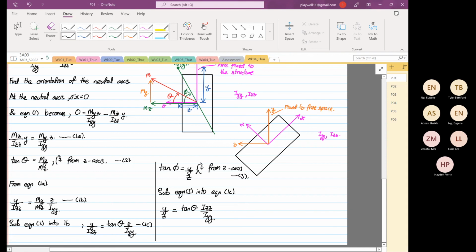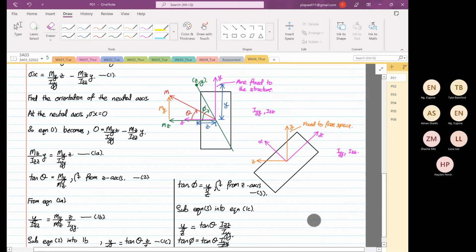So y over z we know is equal to tangent phi is equal to tangent theta Iyy over Izz.